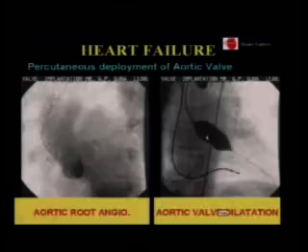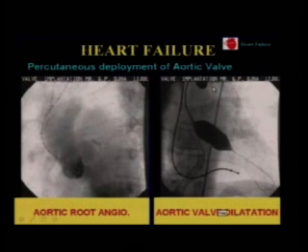This is just showing the dilatation of the aortic valve percutaneously by the retrograde method. The earlier valve which I showed you was going from the interatrial septum from the venous side. This is from the femoral artery that we are coming, ascending the aorta, crossing the valve and into the left ventricle, and the balloon is here doing aortic valvuloplasty.